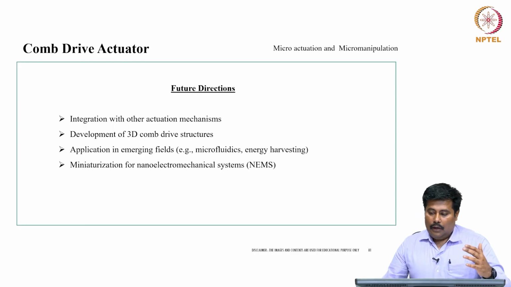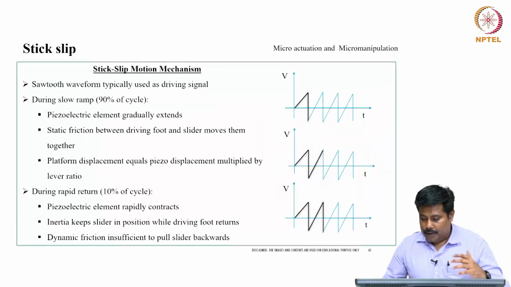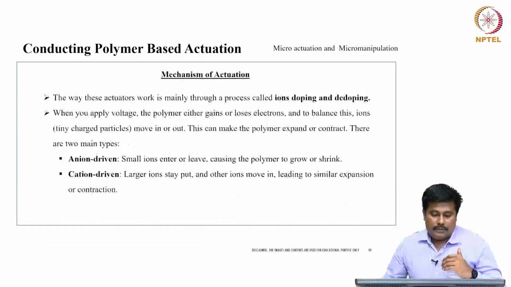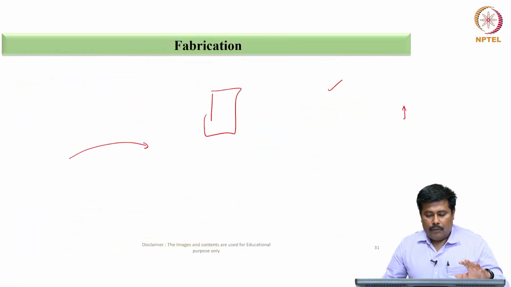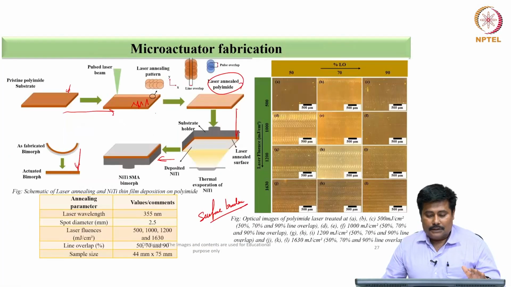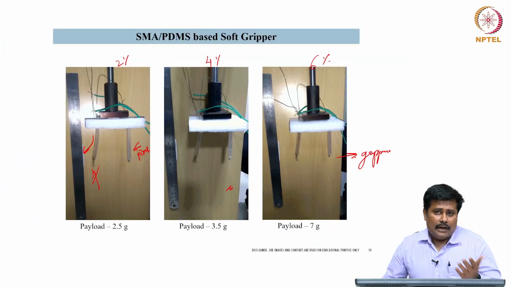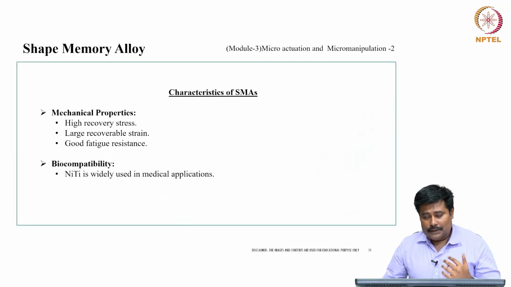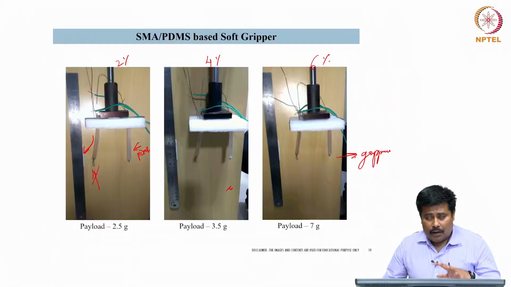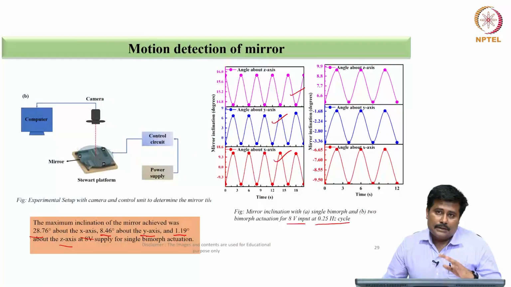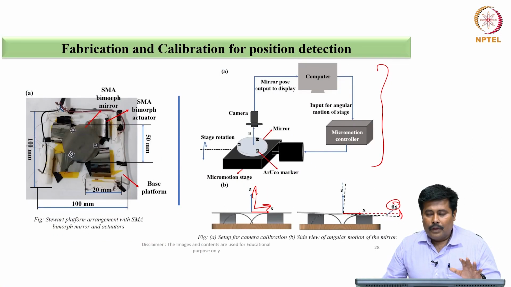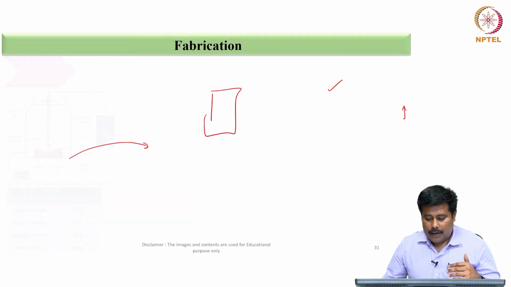So overall, in this particular module, we discussed in detail the shape memory alloy structures. We have discussed the different configurations of shape memory alloy structures, the overall challenges involved and the actuation involved, etc. So we have seen some micro robotic applications related to shape memory alloy structures, where we discussed a micro Stewart platform which is used for manipulating a beam.